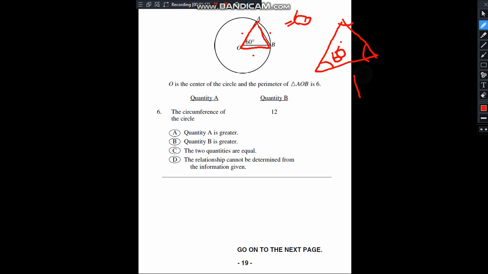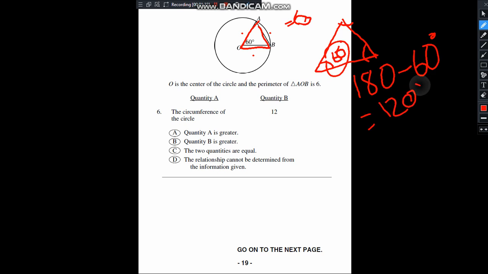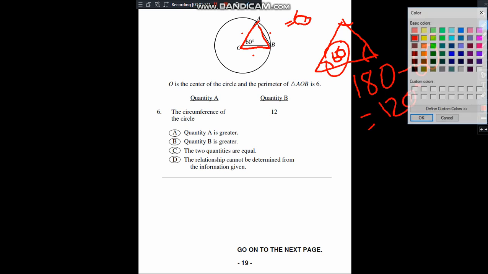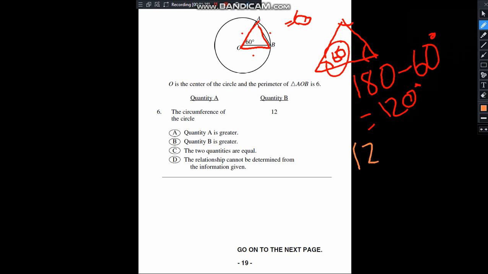Therefore, 180 minus 60 degrees, which is this angle, equals 120. And now, because both of them are the same, we can just do 120 divided by 2 equals each of the angles. That's 60, that's 60.